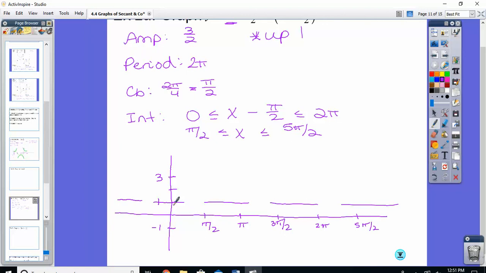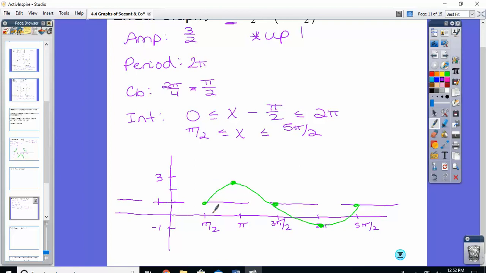I am graphing cosecant, which is the reciprocal of sine. Sine always starts at its 0 point, which in this case will be on the dashed line. And then it goes up. Amplitude is 1.5, so I'm going to go up 1.5, so we're at 2.5. Back down to my 1, down to -1/2, and back up. So there's my sine.